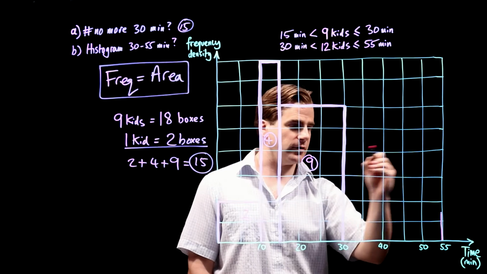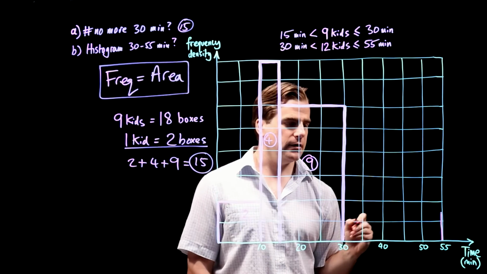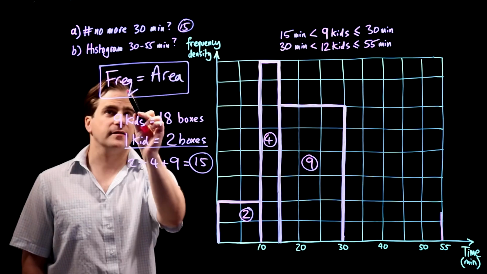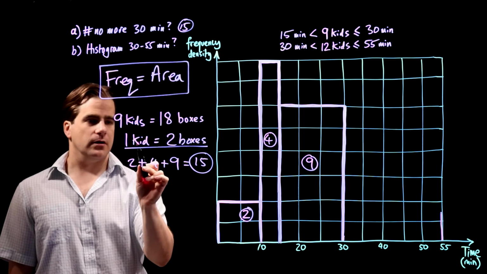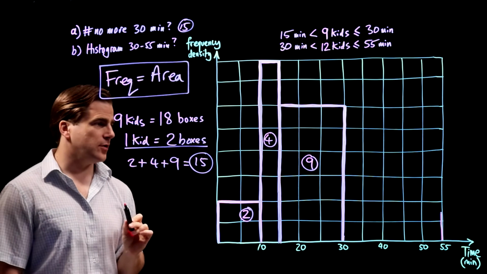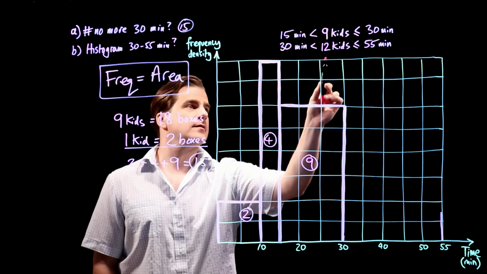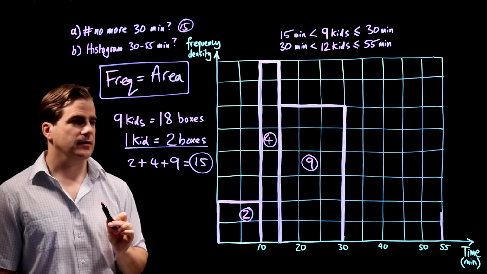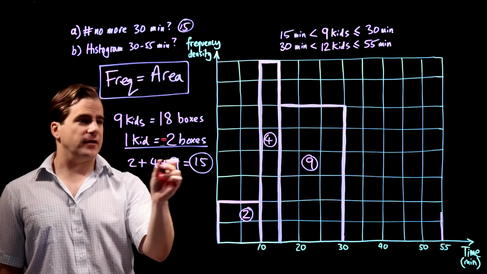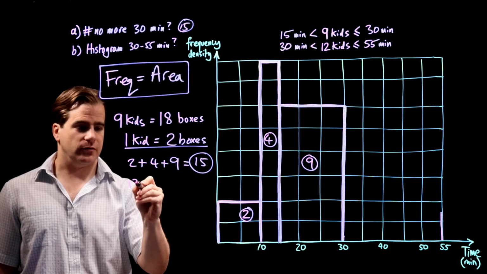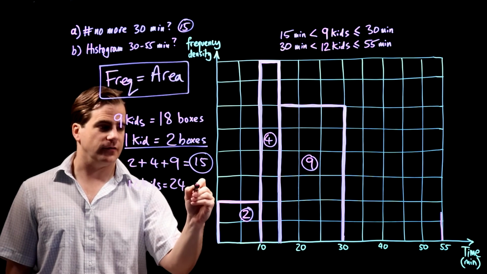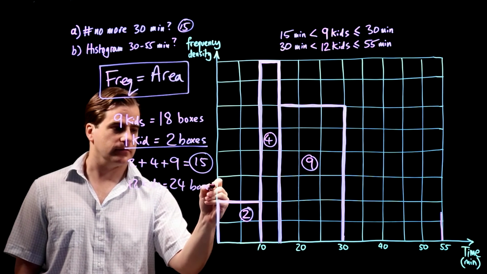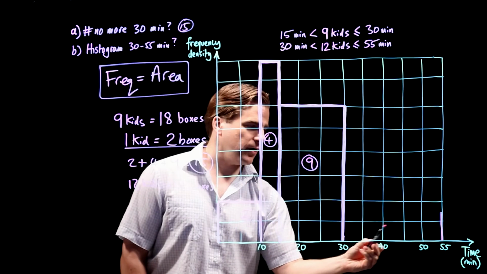Where's the horizontal line going to be? Well, again, we go back to here. Frequency is area. 1 kid is 2 boxes, and we have to represent 12 kids. 12 kids is therefore 24 boxes.